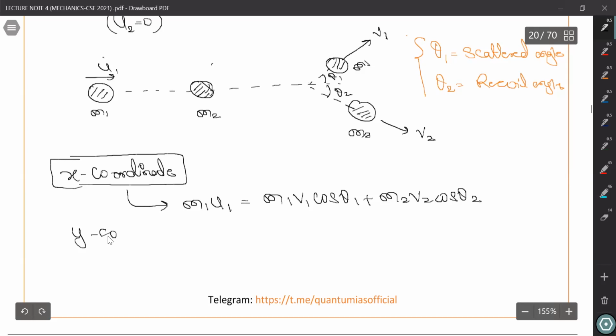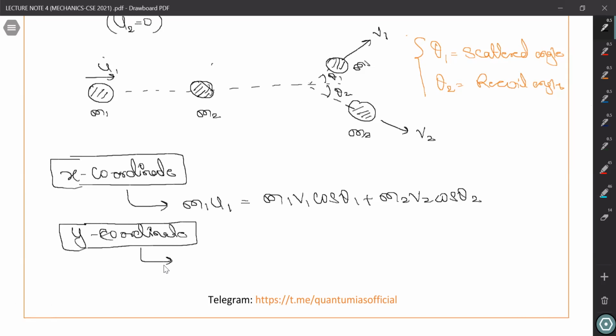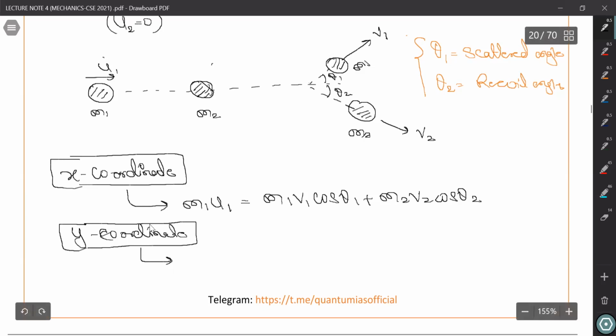In y coordinate, momentum is not conserved because an external force is acting on it, but we can use the conservation law in y also because the collision is sudden. It is acting for a very small time, and we have already discussed this in bomb blasting. So I hope you remember this. So it will become 0, and this is m1 v1 sin theta 1 minus m2 v2 sin theta 2.